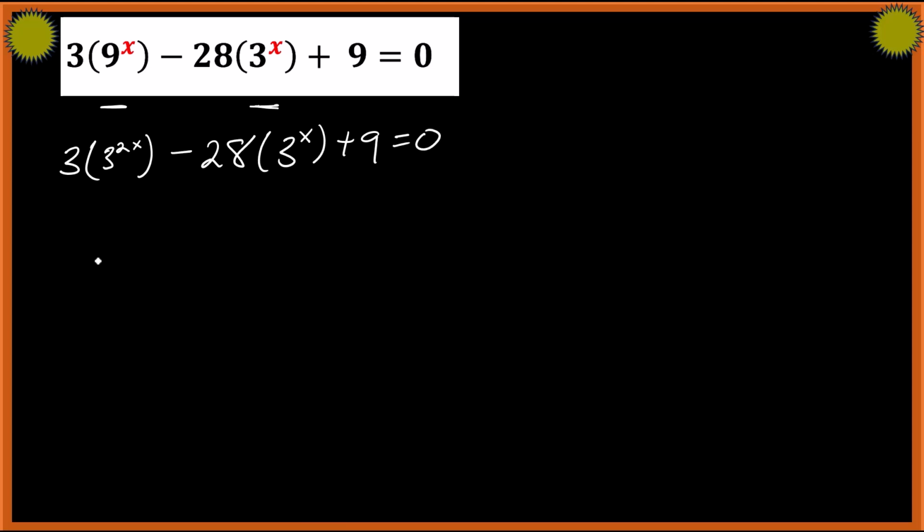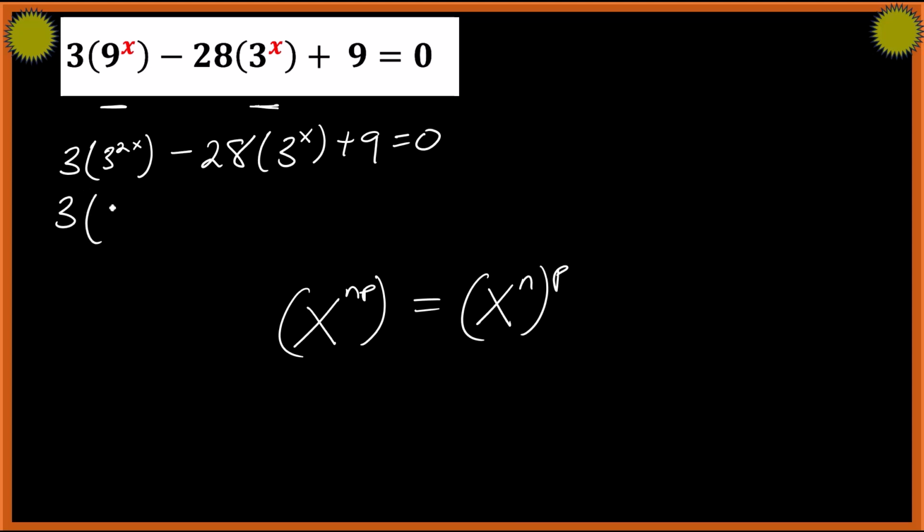All right, now in case we're given x raised to np, is the same as x raised to n all raised to p. So we can write this one as 3 times 3 raised to x all squared minus 28 times 3 raised to x plus 9 equals 0.